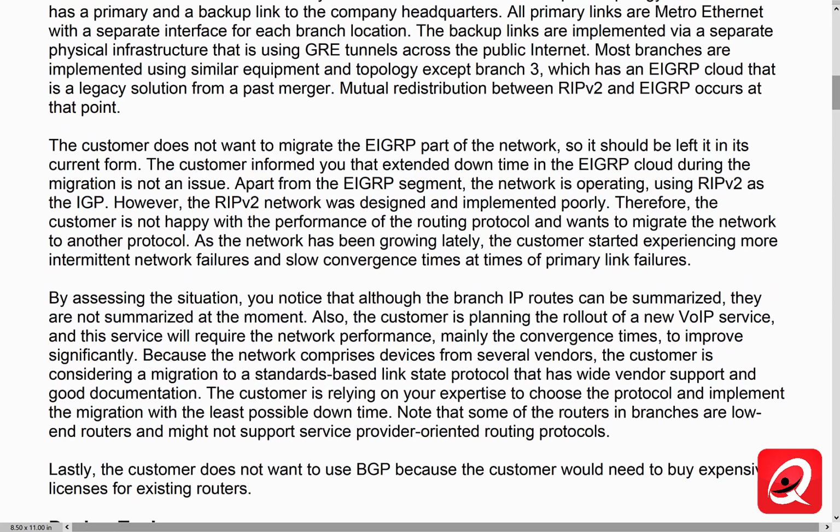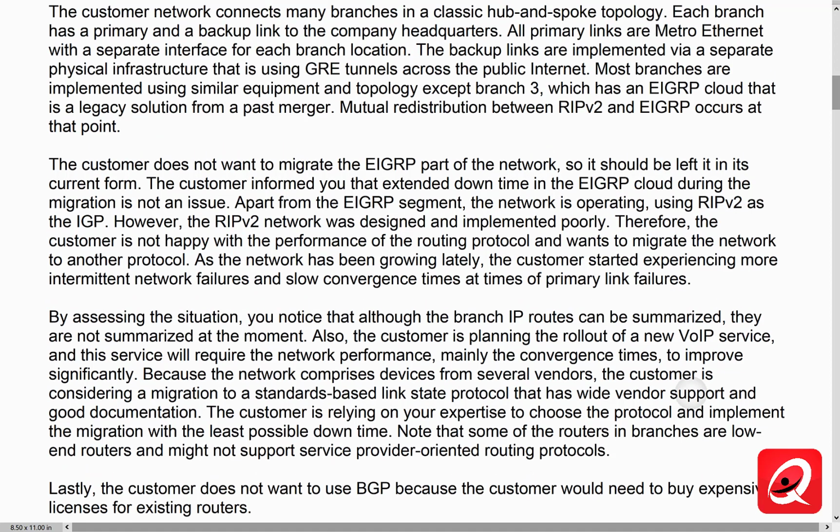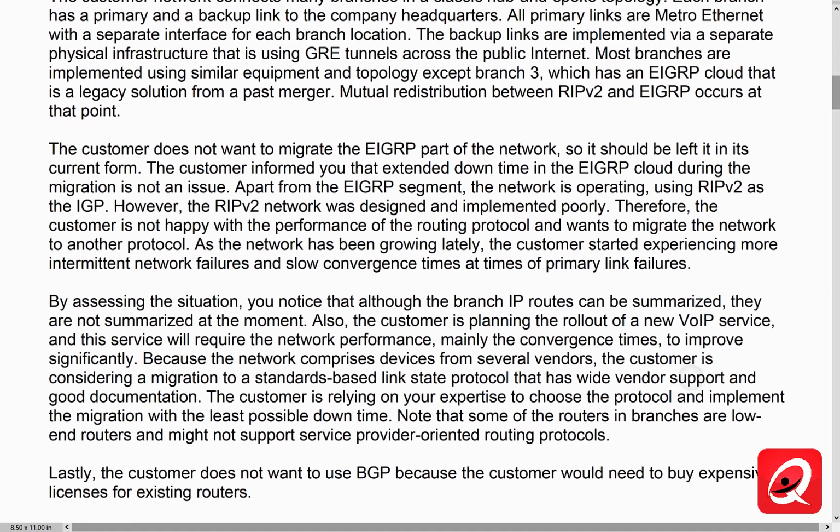Okay. The customer does not want to migrate the EIGRP part of the network, so it should be left in its current form. The customer informed you that extended downtime in the EIGRP cloud during the migration is not an issue.